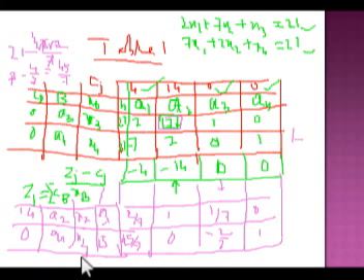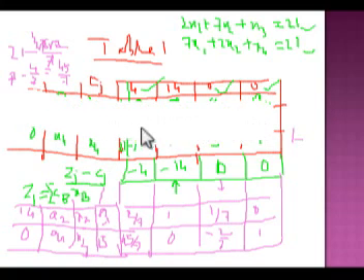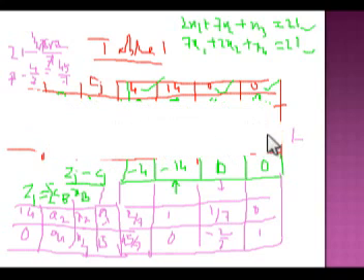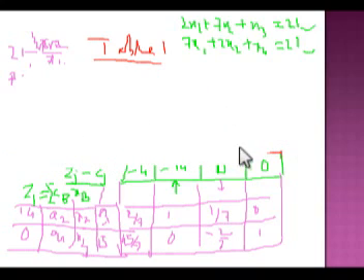So we need to find out Zj minus Cj. So I am erasing this now, it is not necessary now.